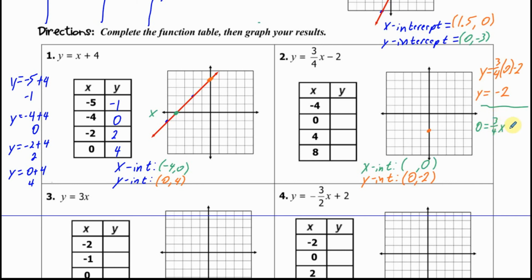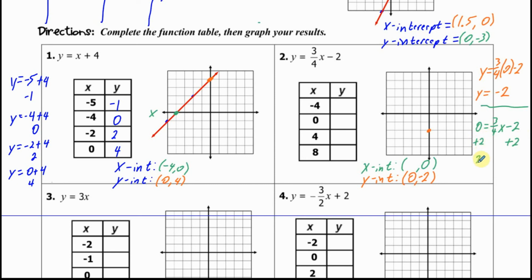So now I'm going to do 0 equals 3/4 x minus 2. And now we have a little bit of work to do because we don't get directly to y equals. Now we have to do our work for solving equations. What do I have to do to get x by itself? Hopefully you said plus 2. Plus 2.